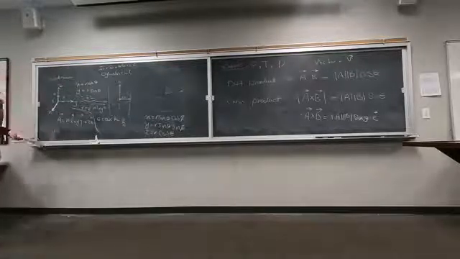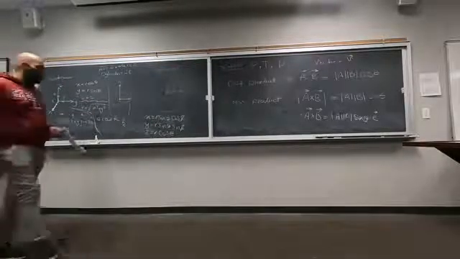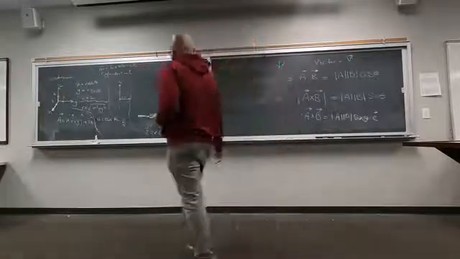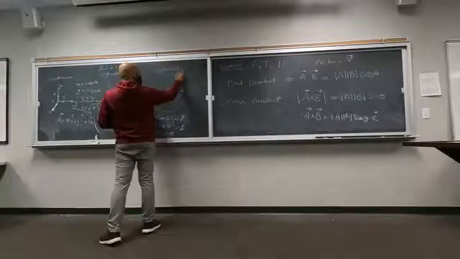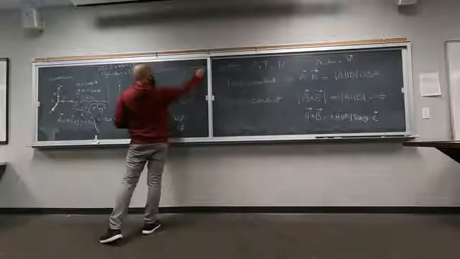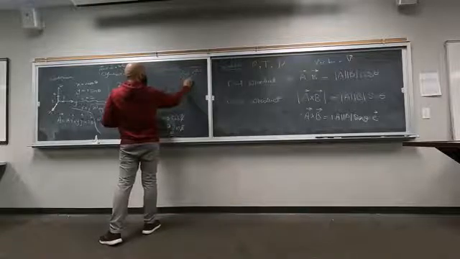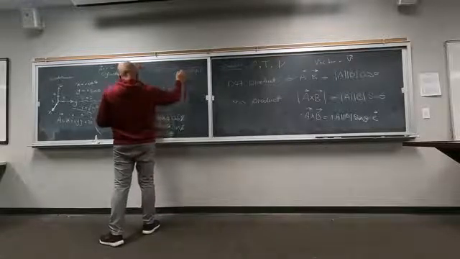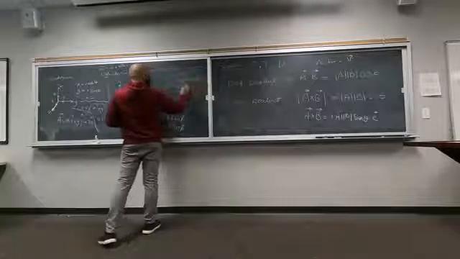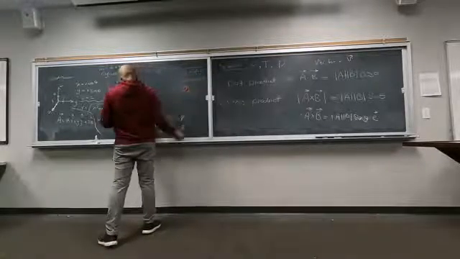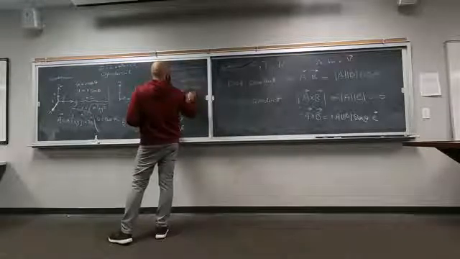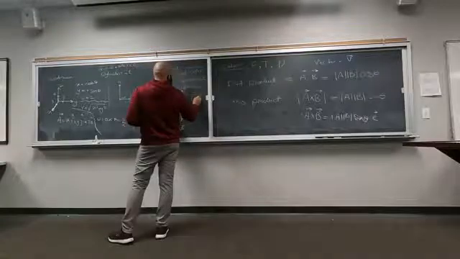R here is going to be the square root of X squared, Y squared, Z squared. Let me actually write them down. And theta is arc cosine of Z over R, and phi is going to be arc cosine of X over the square root of X squared plus Y squared.